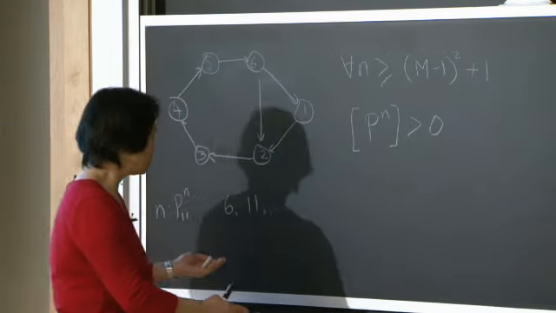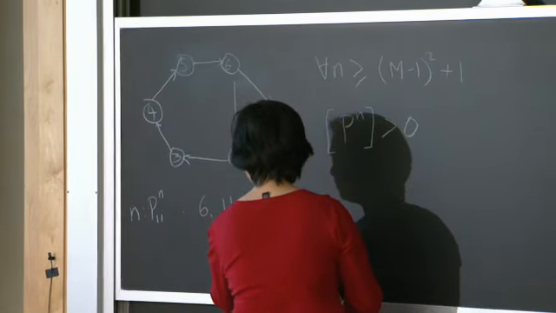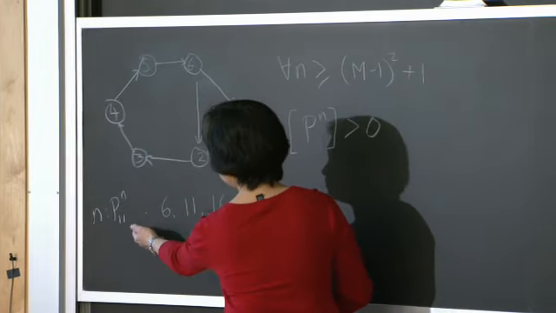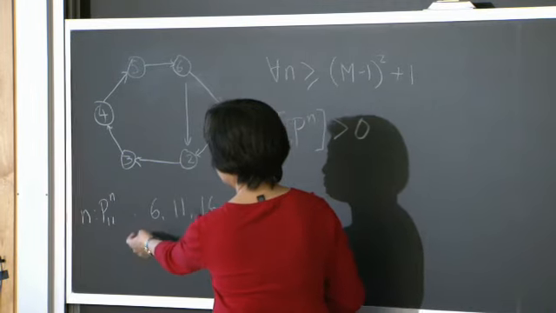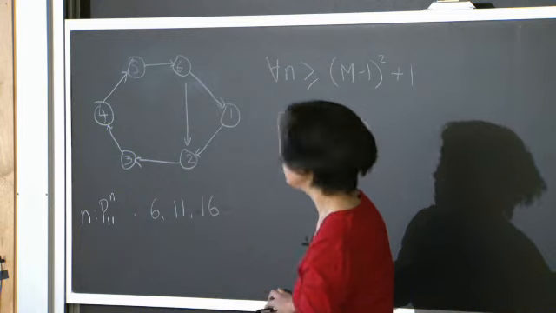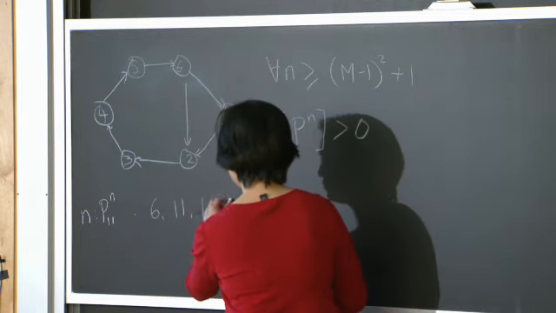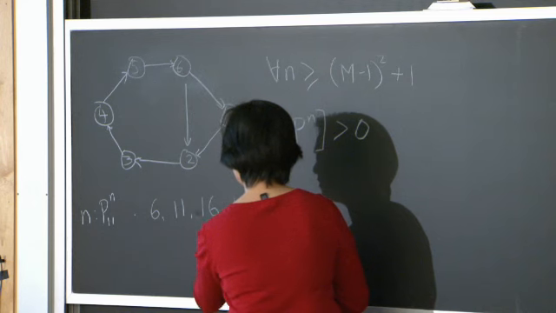Then the next one is 16. So 0 to 5 is impossible, it's 0. If I pick n between 0 and 5, or between 7 and 10, you're toast. You can't get back to 1. And so forth.